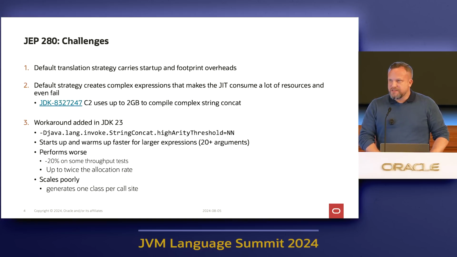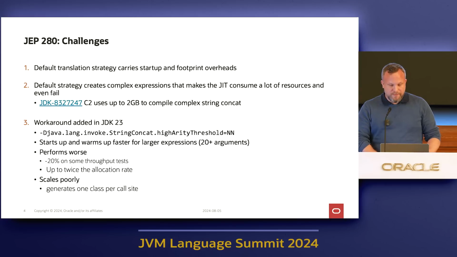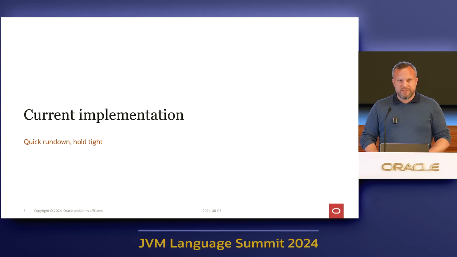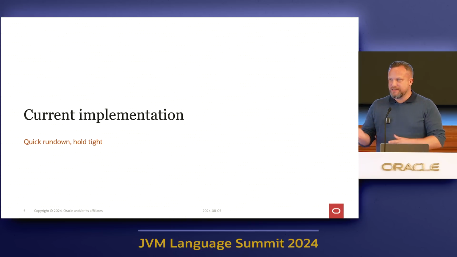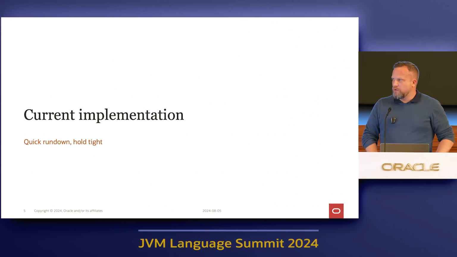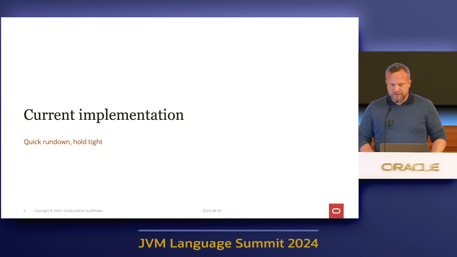And many code bases we've seen have even more string concatenations going on. So these challenges led me to send in a proposal for this talk to see if we can prototype something better. This workaround we did just a few months ago, when we figured that maybe there's room for improvement here and time to rethink this.